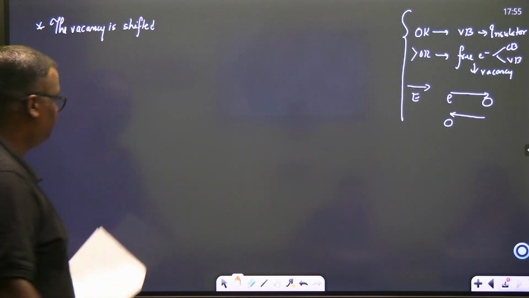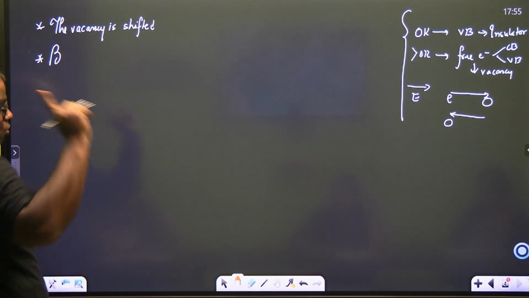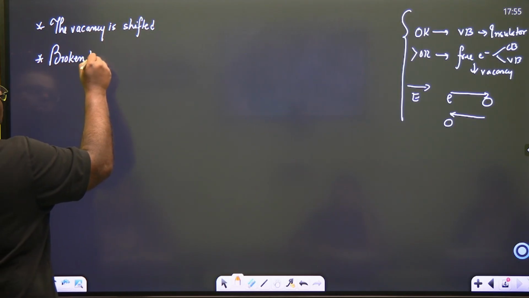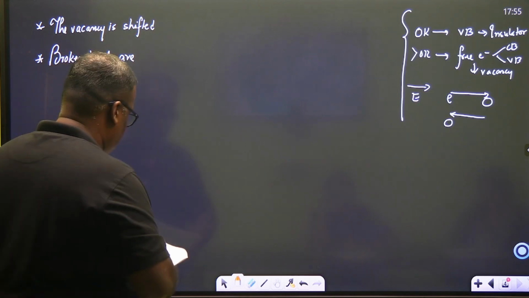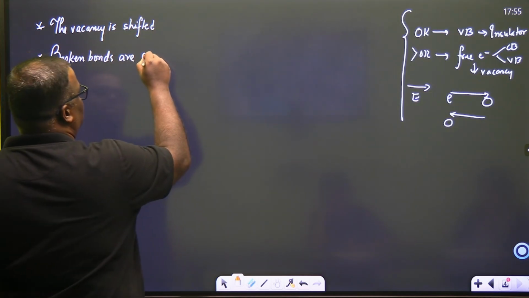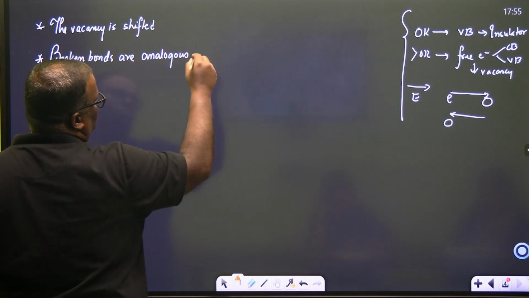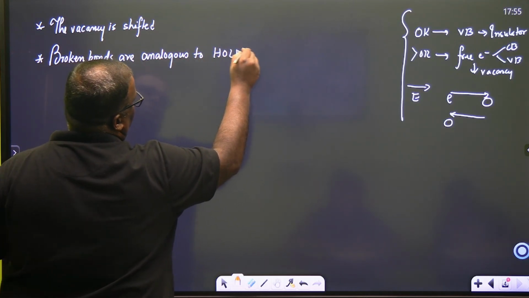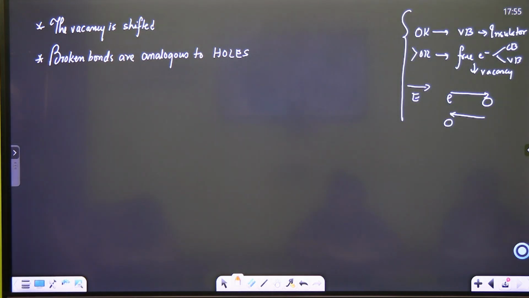Okay. Now come. Now no more will we use vacancy, no more will we use broken bonds. We'll give a new term now. Broken bonds are analogous, almost appear to be analogous, to holes. The whole study of semiconductors and electronics is all about electron-hole combination.